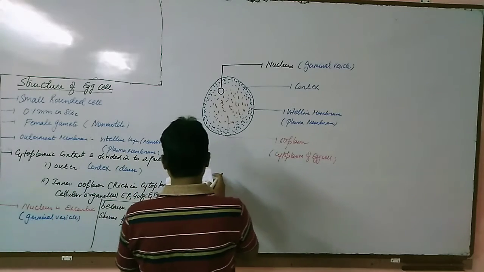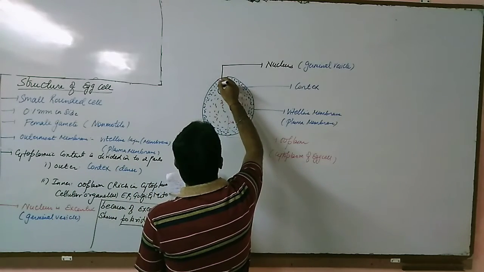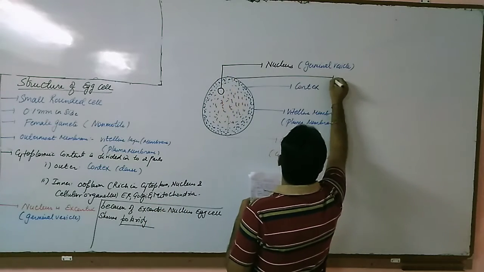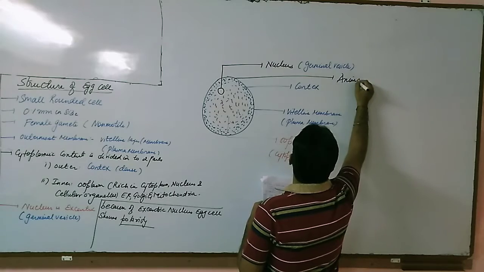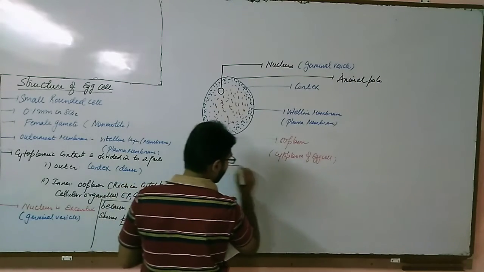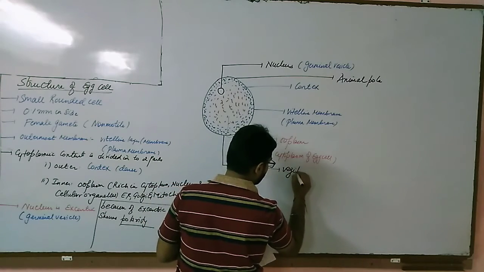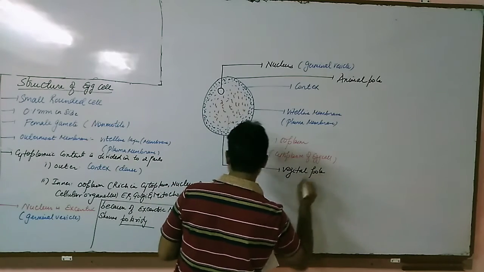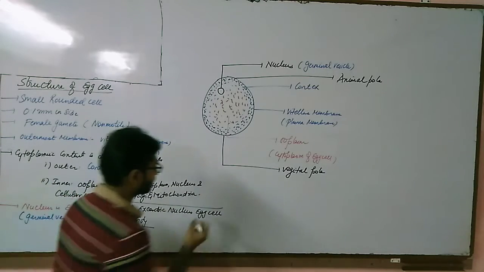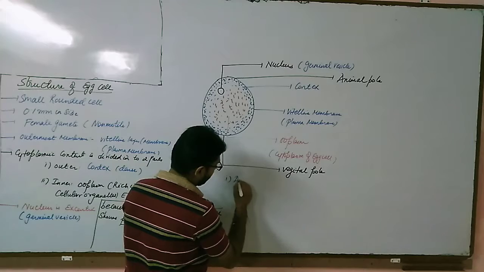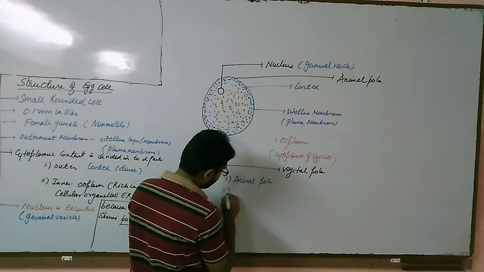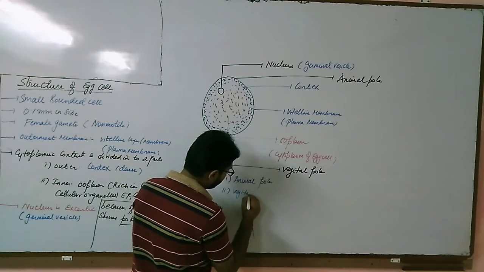So let us say this is the animal pole, that is towards the nucleus, and which is away from the nucleus is called vegetal pole. So two polarities, the first is the animal pole and the second one is the vegetal pole.